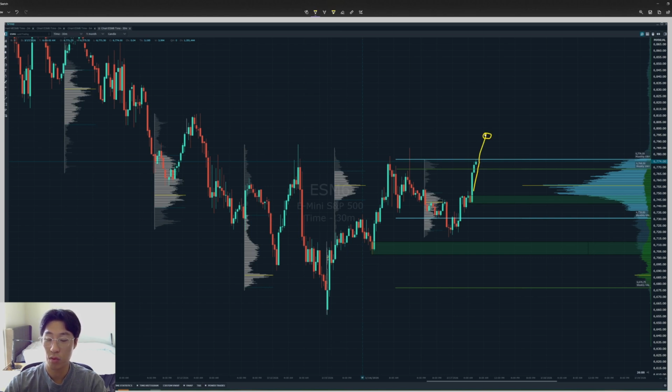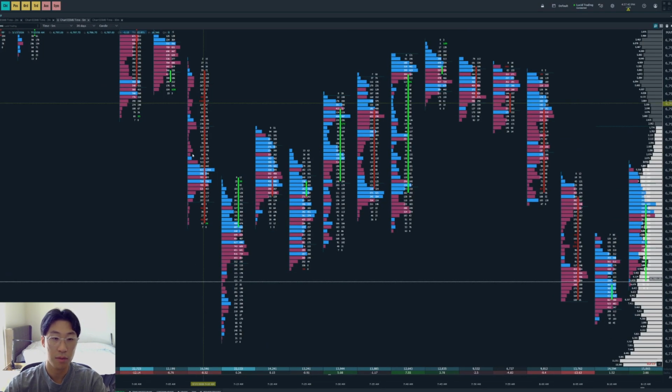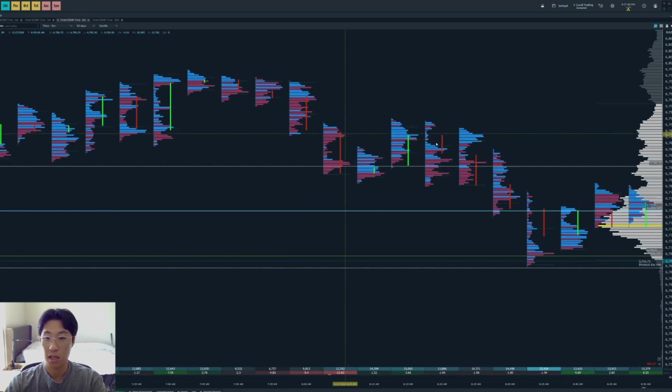Usually we've been reversing and then continuing the reversal instead of bouncing. That's been the trend these days. The market has been very choppy. It hasn't been able to follow through on the initial move, but we've been able to continue the reversal move. So knowing that, I should have been a little bit more aware that potentially we can come down lower.